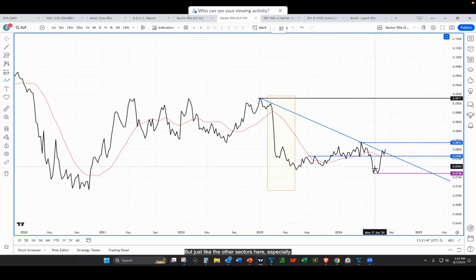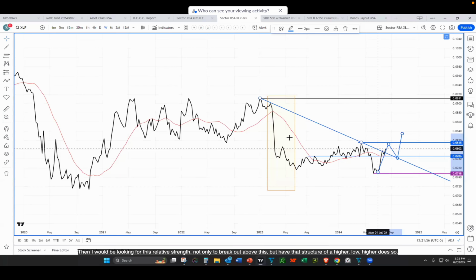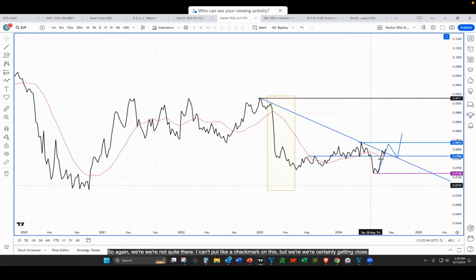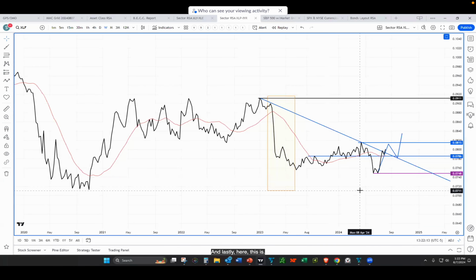But just like the other sectors here, especially with the evidence suggesting that maybe we are getting closer to that market top, then I would be looking for this relative strength ratio not only to break out above this, but have that structure of a higher low, higher high as it does so. So again, we're not quite there. I can't put like a check mark on this, but we're certainly getting close to seeing financials outperform.